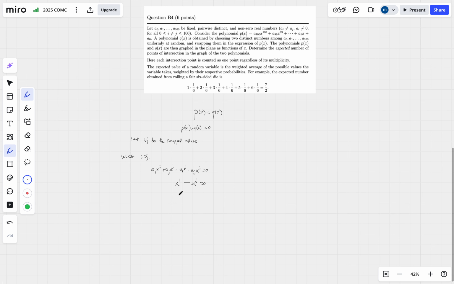We can continue factoring, so x to the j times x to the i minus j minus 1 equals 0.